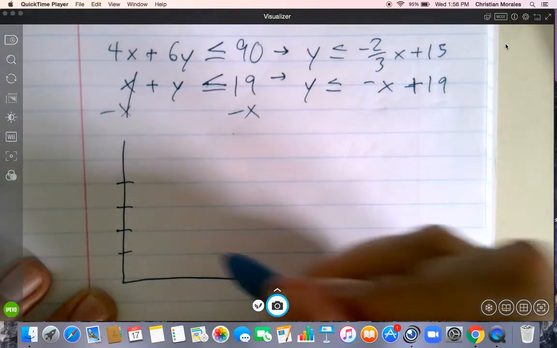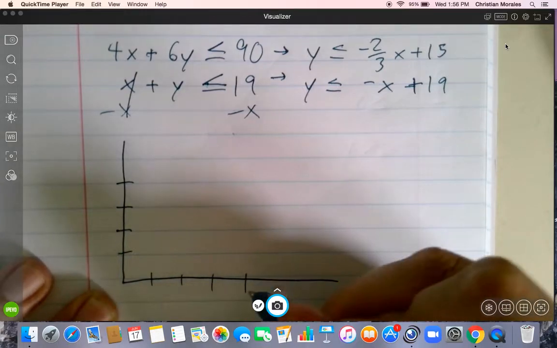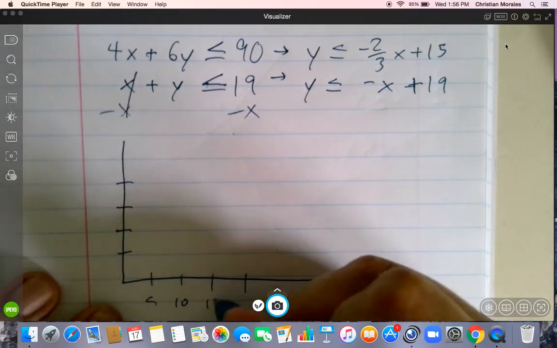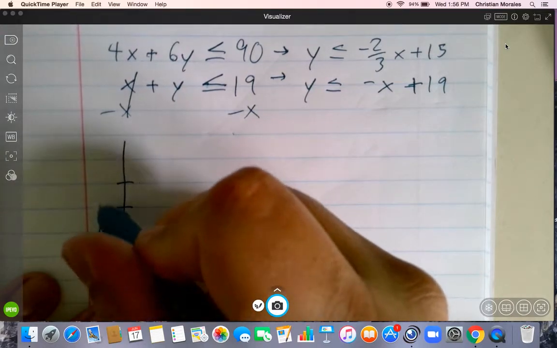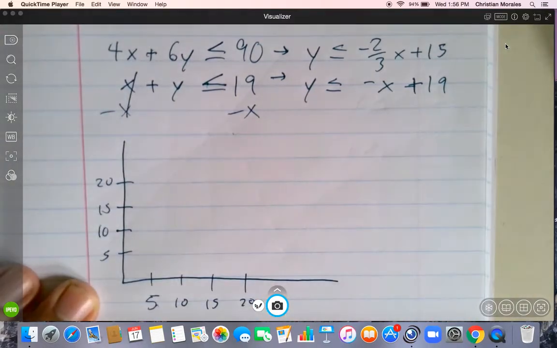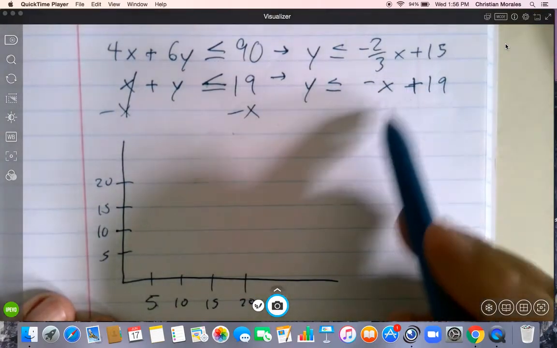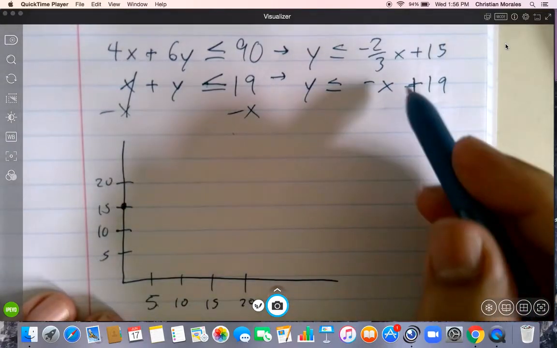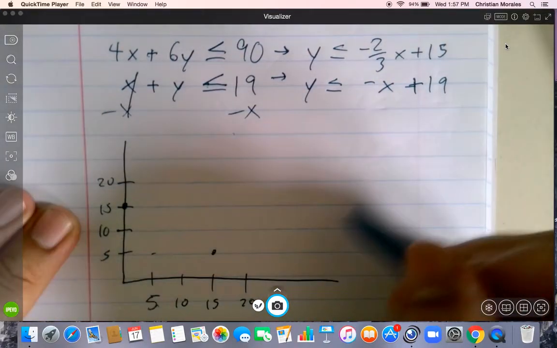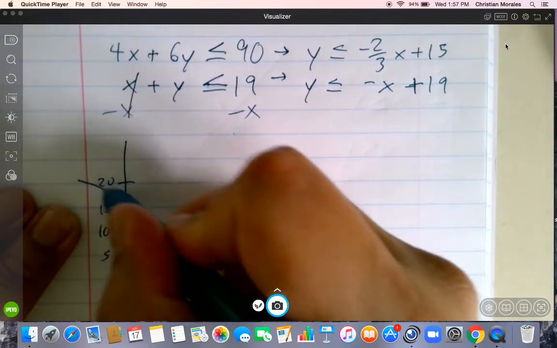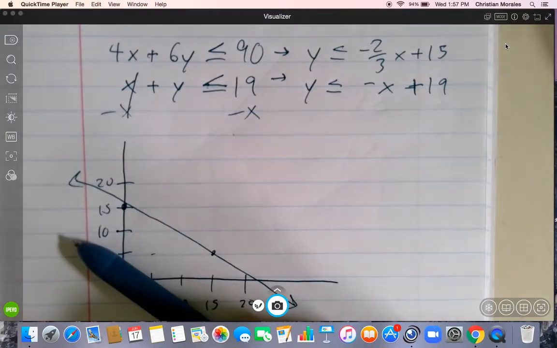I'm going to count by 5s. 5, 10, 15, 20, just to keep my intervals the same, right? Okay, so what you can do is take 15, go down 2 over 3. We're going to draw our solid line. And everything below that is below budget.